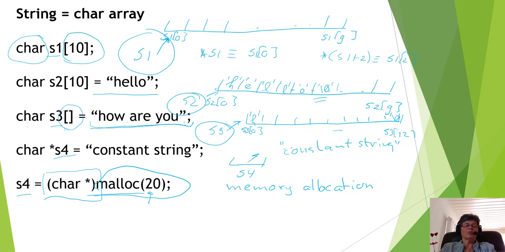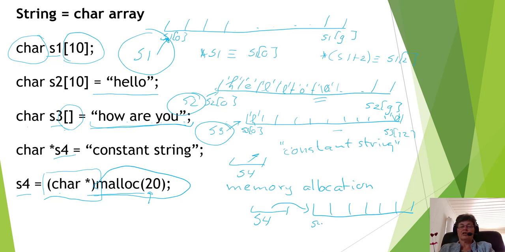This is a typecast. The pointer you get from malloc is a void pointer, and you typecast it to a char pointer, so now the types correspond. Then we have S4 pointing to 20 bytes.